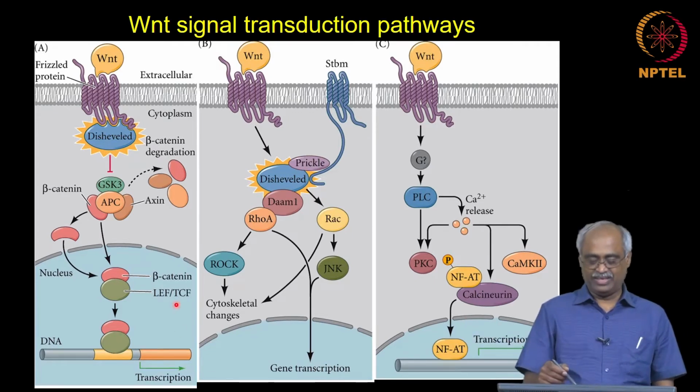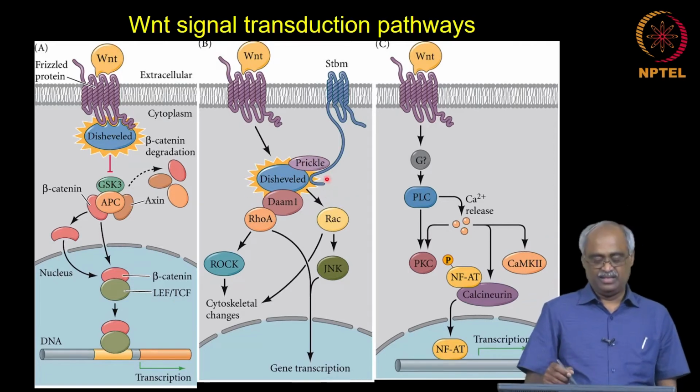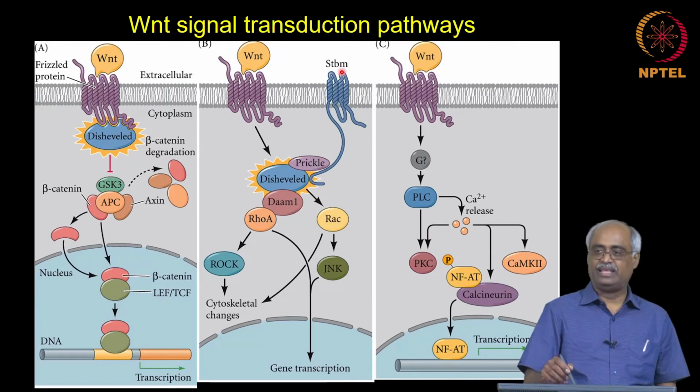A small variation of this happens at the disheveled level. If the signal is transduced by a disheveled protein that is tethered to the plasma membrane via the prickle protein, then it is going to activate the Rho GTPase. We have learnt about Rho GTPase, right? Where?